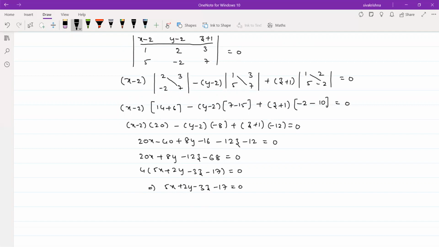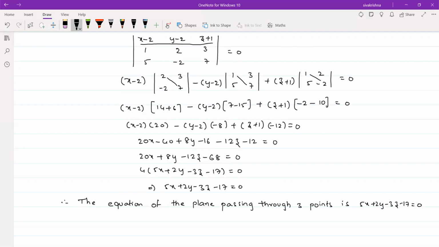So this is, therefore, the equation of the plane passing through 3 points: 5x plus 2y minus 3z minus 17 is equal to 0. So in this way we have to find the equation of the plane passing through 3 points.